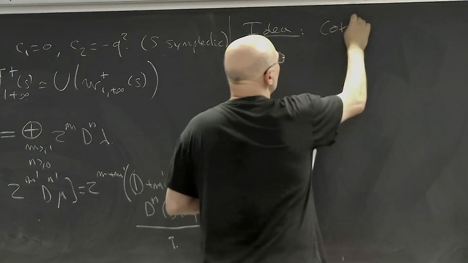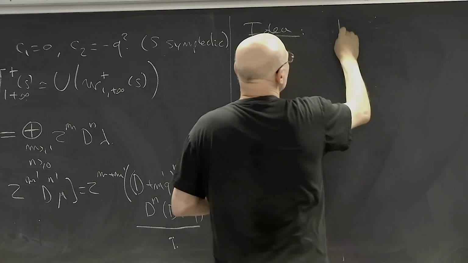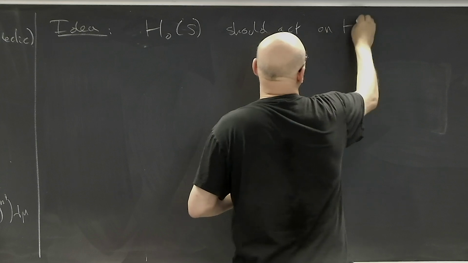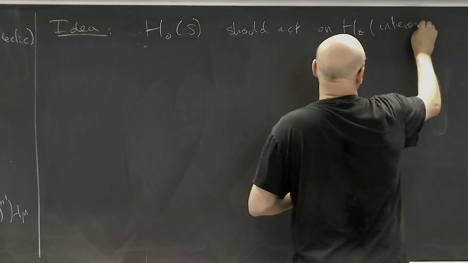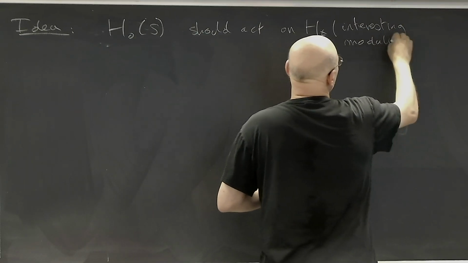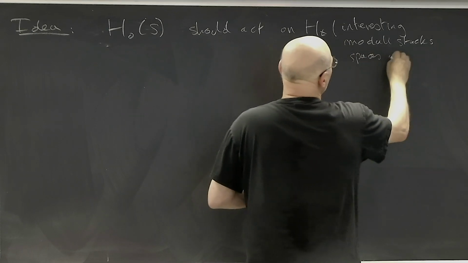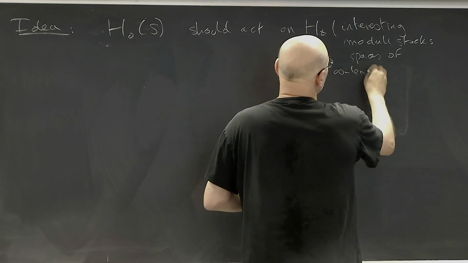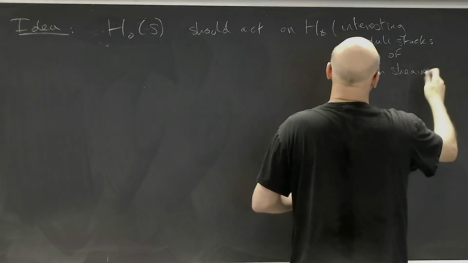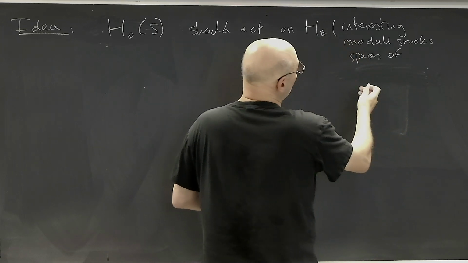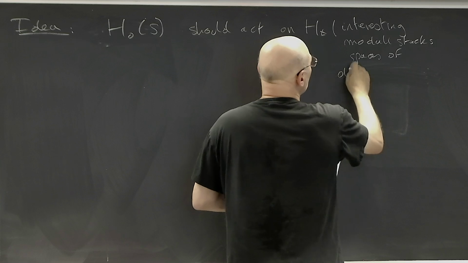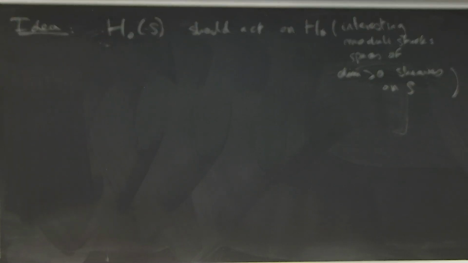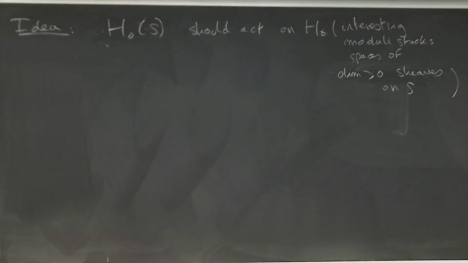The idea is that Coha of dimension 0, so H_0 of S, should act on the homology of interesting moduli stacks or spaces of actual interesting sheaves on the surface, not just zero-dimensional sheaves, of dimension greater than 0, sheaves on S. So that's what you want to use this difficult algebraic information for, to actually get something worthwhile.